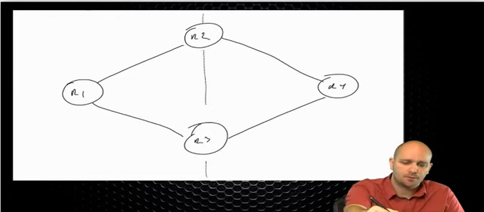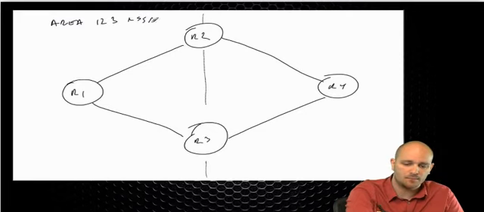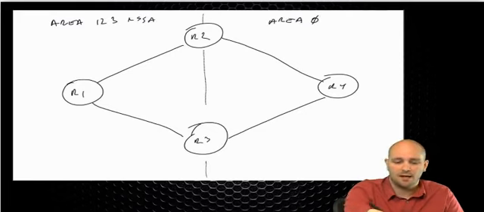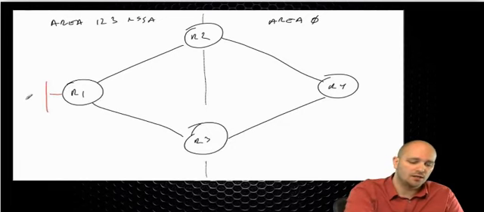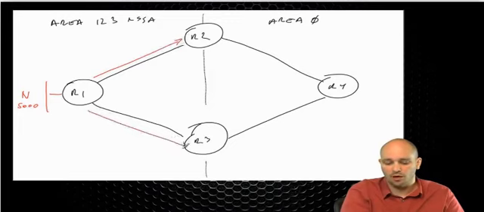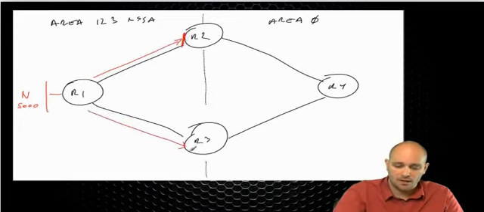Now, this is, let's say, area 1, 2, 3, NSSA. And let's say that this here is area 0. And let's say that our R1 here is injecting 5,000 routes inside. So these are going to arrive to R2 and R3 and stop here. So these are type 7s.